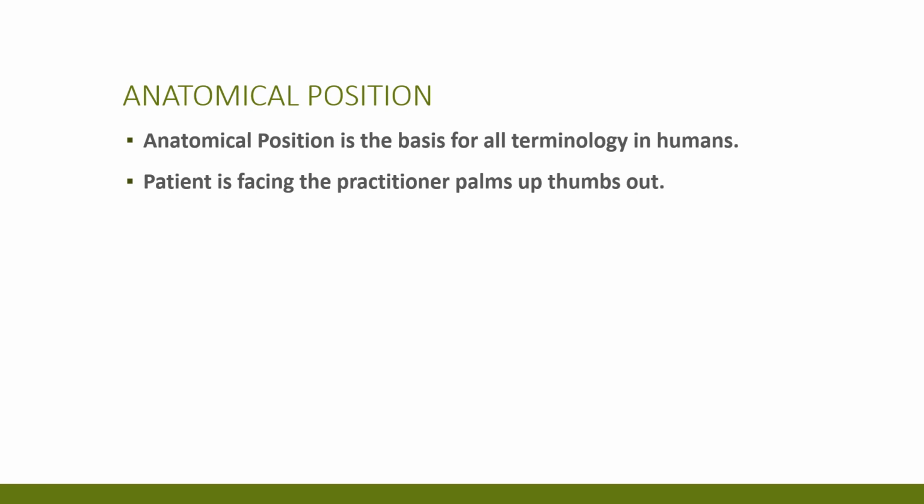And anatomical position is the basis for all terminology in human beings. In other words, we come to the plate when we deal with human beings that we all know. Every time you're talking about something as far as directions on a human body, where you're at on the body, we base it upon anatomical position. And that's the patient facing you with the palms up or thumbs out at the side.